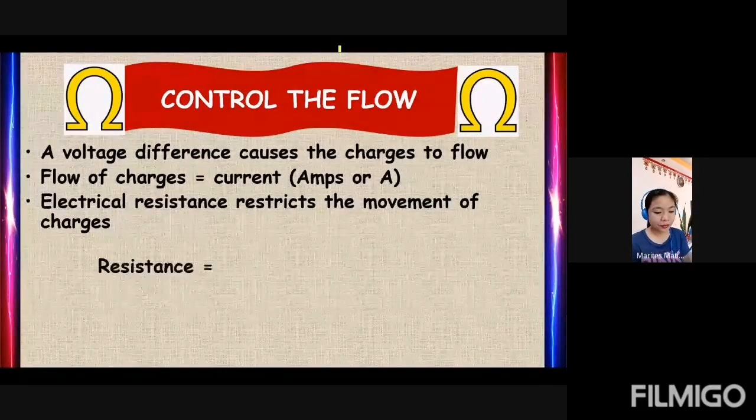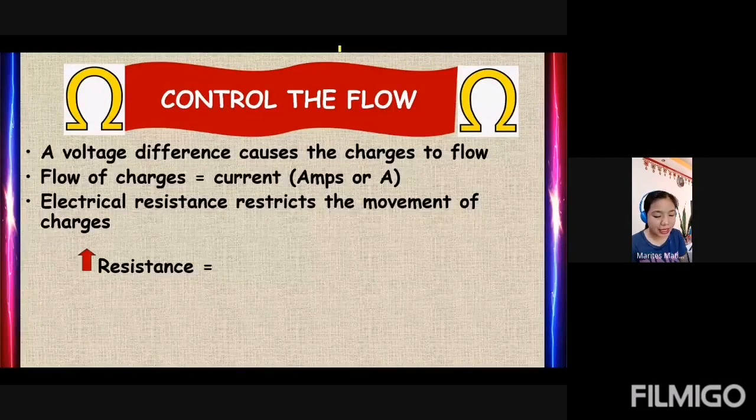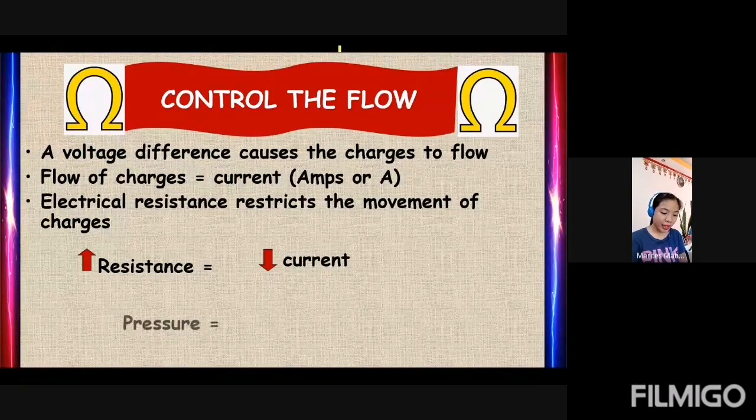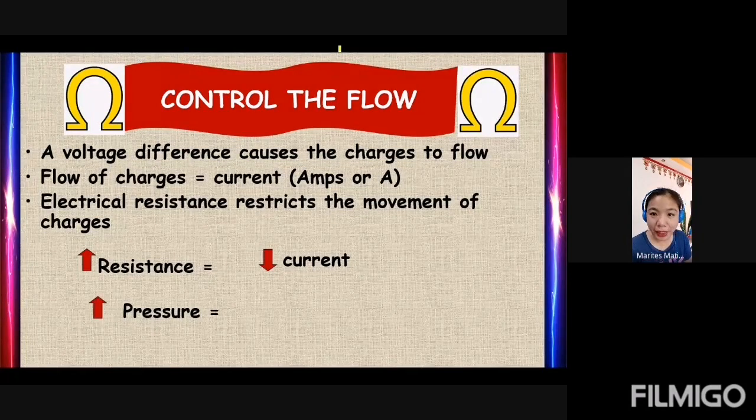Take note of that. So, the higher the resistance, the slower the current. Mas mabagal. Pag mas mataas, greater ang resistance, mas mabagal ang current natin. Then, mas mataas ang pressure, mas mataas ang current.